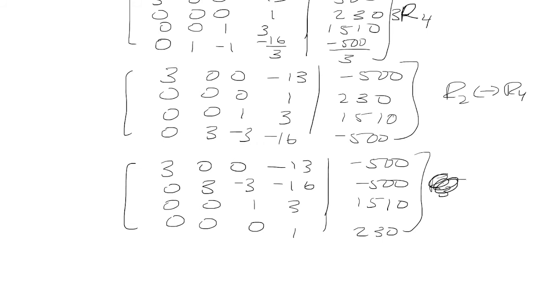So I guess what we could say is 3 times row 4 minus row 3, and that's going to be our new row 3.